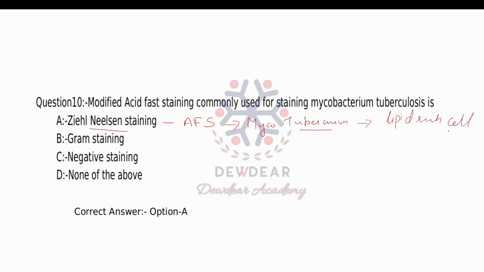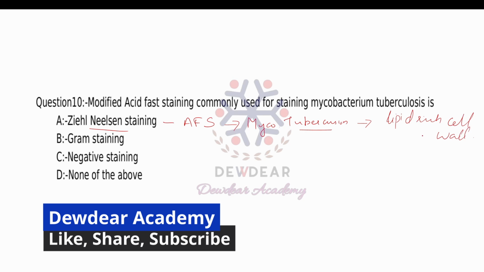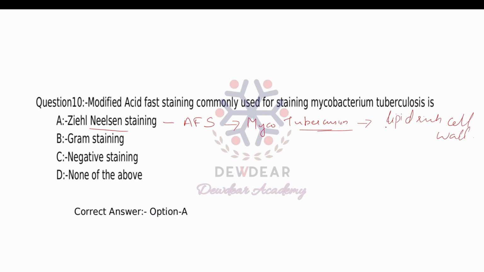The cell wall of this mycobacteria is lipid rich, so it is resistant to getting stained with other common staining techniques. So this type of acid fast staining, mainly Ziehl-Neelsen staining, is usually effective for Mycobacterium tuberculosis.